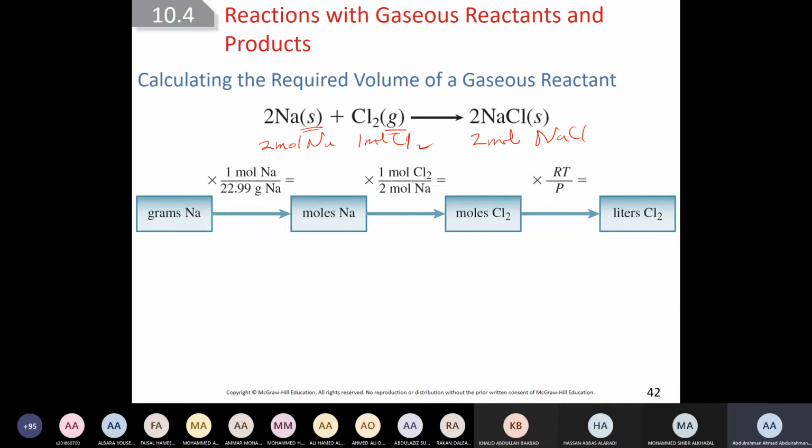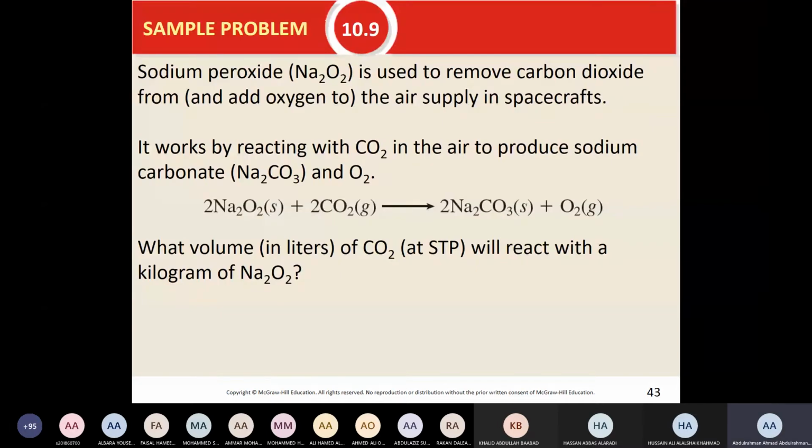Can I relate things by liters? No. Why? Because it's not gases. I can relate things by liter only if it is gases and if there is constant temperature and pressure. Is this clear? Good. All right, let's do this equation.